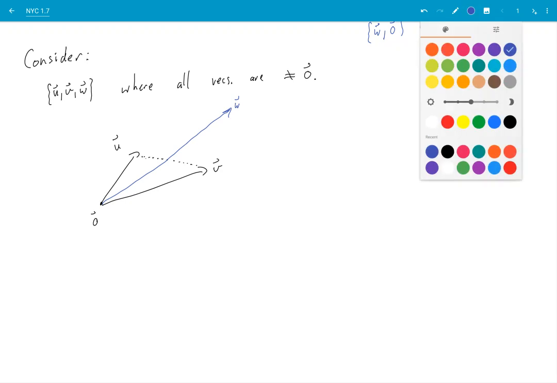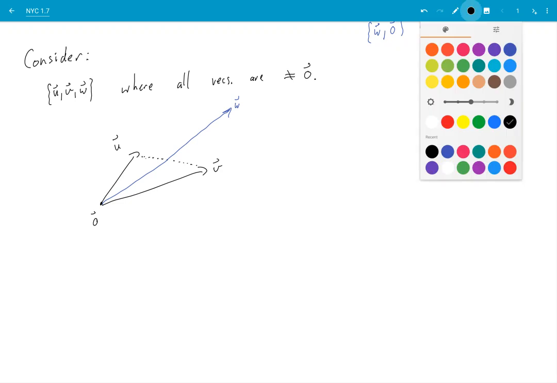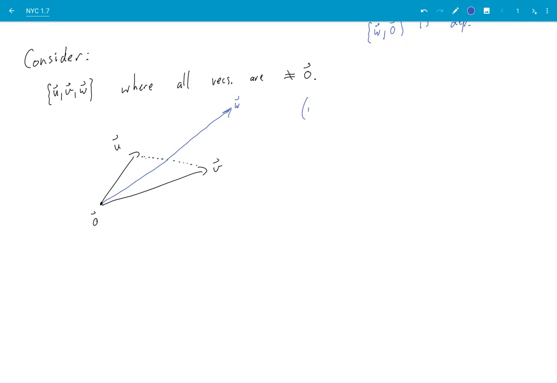Now if W is in that plane, so we'll put that as a condition here. W is in the same plane as U and V.